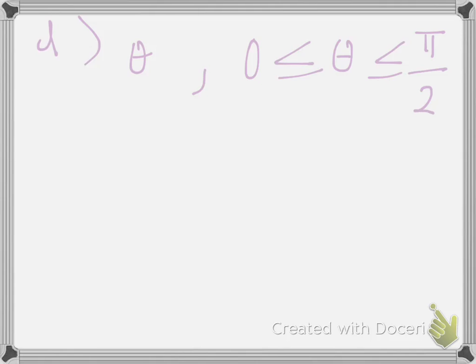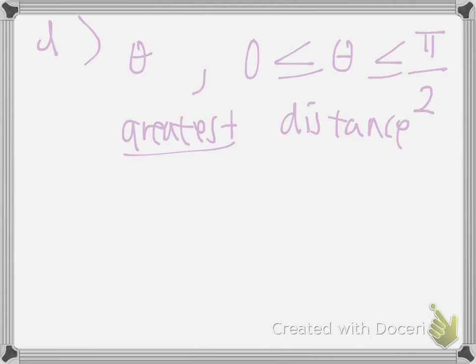Now, the last letter is D. Now, D is asking the value of theta on the interval of 0 to pi over 2, and we want to find the point on the curve with the greatest distance. So when you see greatest distance, you know automatically that's going to be your max.